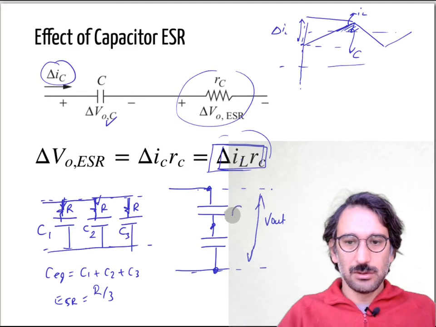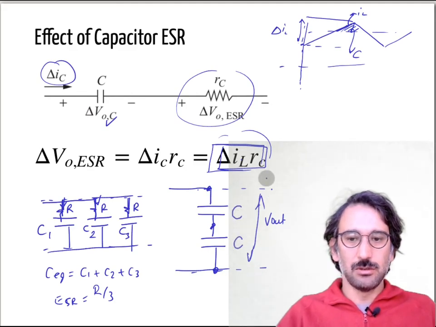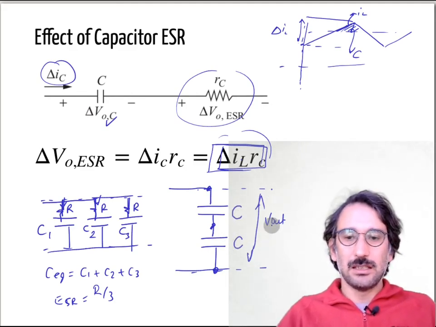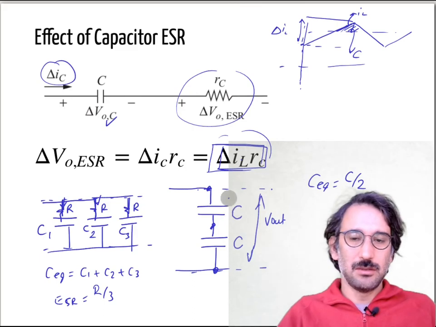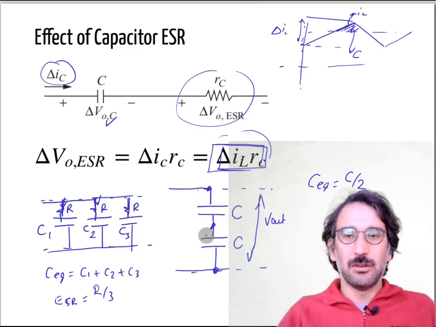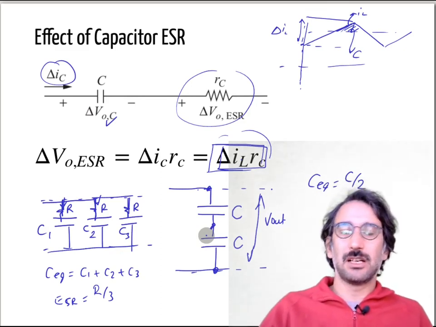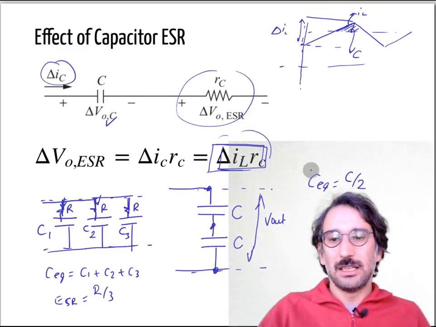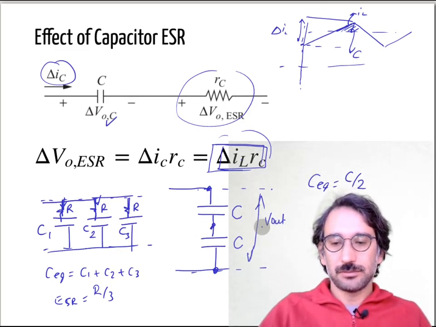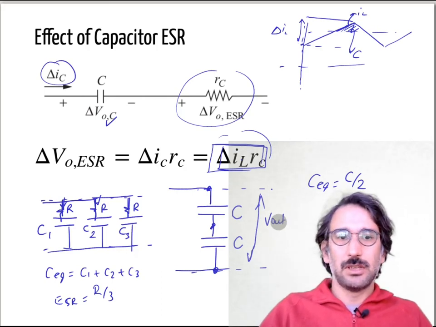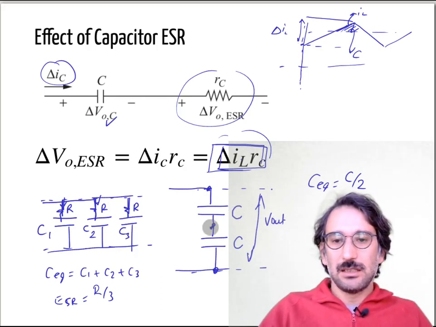Even if those capacitances are equal, when you connect them in series, the equivalent capacitance will be half, but at least you have double the voltage. So if the maximum voltage rating of a capacitor is smaller than the voltage values you need, you can connect those in series.